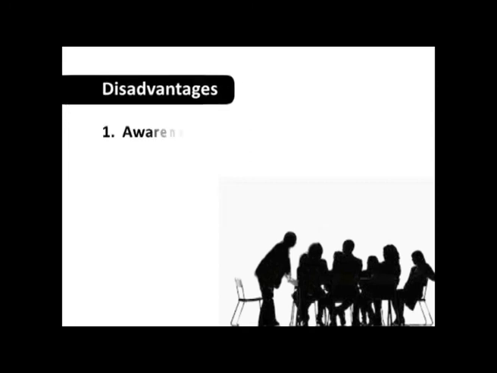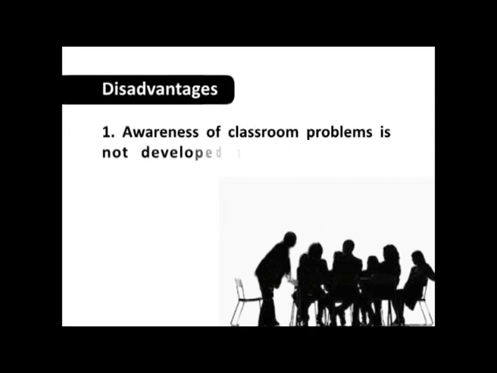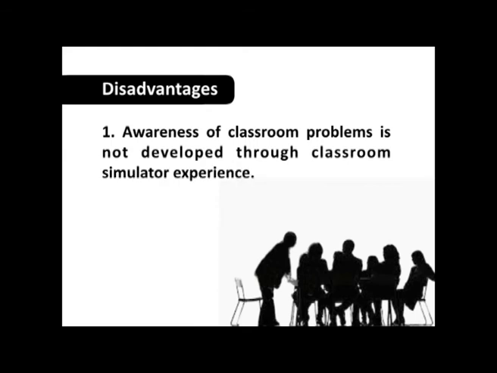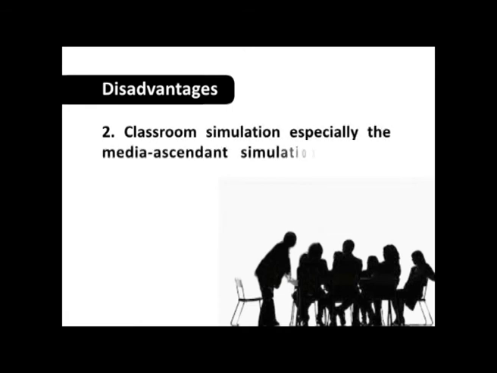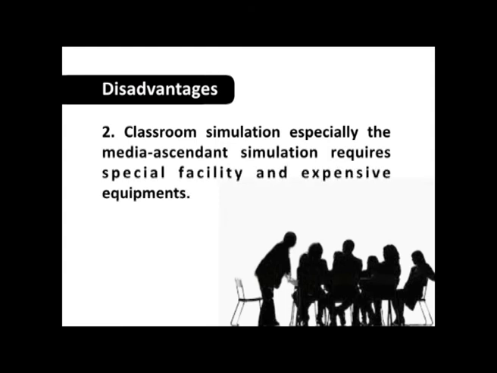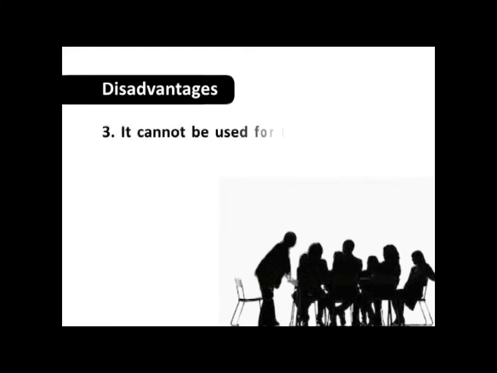Number 1, awareness of classroom problems is not developed through classroom simulator experience. Number 2, classroom simulation, especially the media-assisted simulation, requires special facilities and expensive equipment. Number 3, it cannot be used for the curricula of all the subjects.